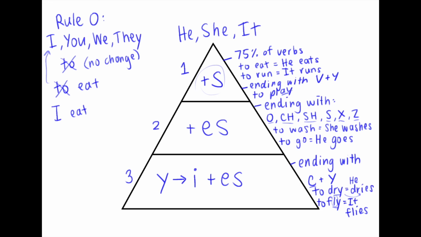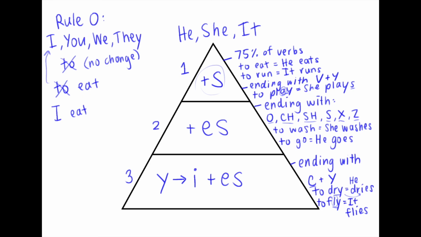A-Y. It ends with a Y, and then the A. This is a vowel, so this becomes plays. Let's say with she. She plays. Just with an S.